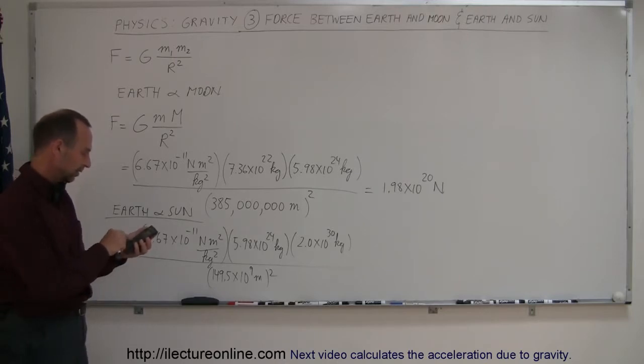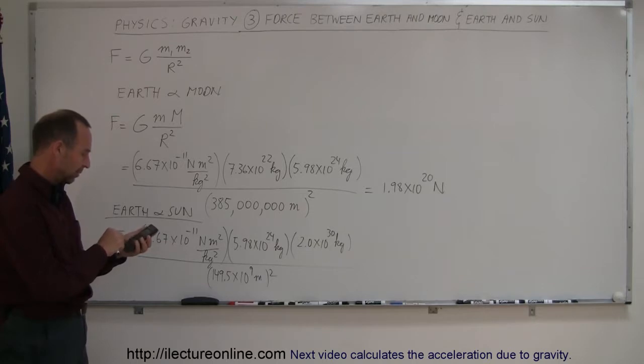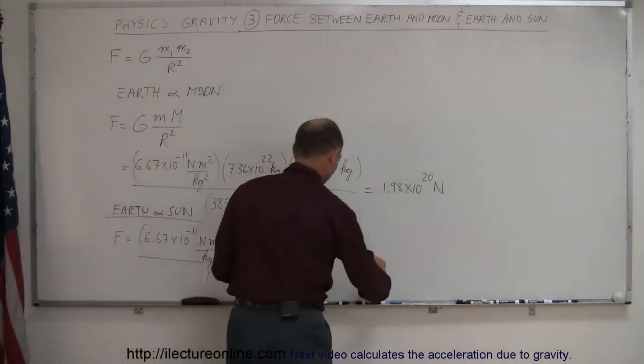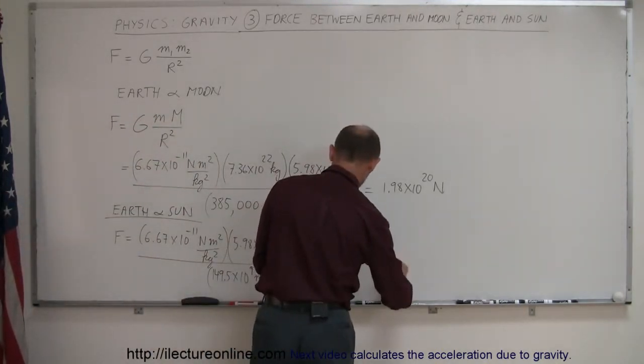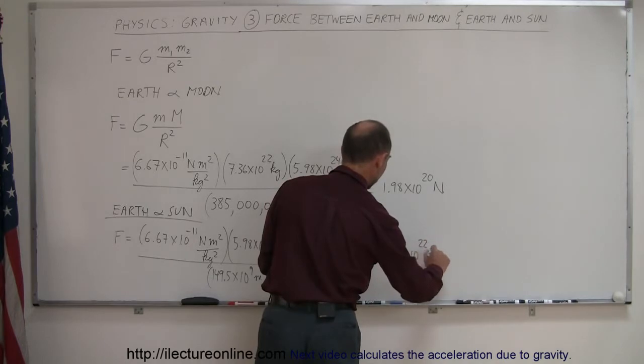So 6.67 e to the minus 11 times 5.98 e to the 24th times 2 e to the 30th divided by 149.5 e to the 9th squared equals, and the force between the Earth and the Sun is 3.57 times 10 to the 22nd newtons.